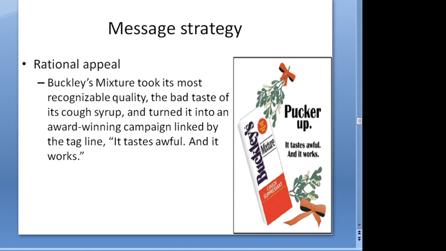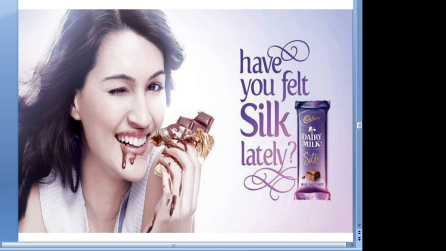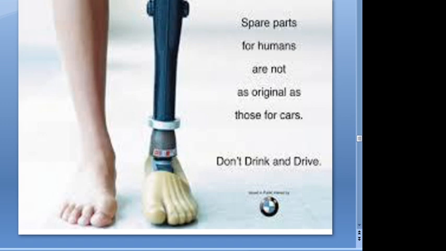Let's take an example of sensory appeal. Have you felt silk lately? It's a Cadbury ad. Another one uses effects.